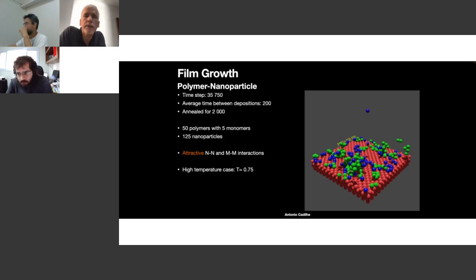Because I was thinking that if the nanoparticles collide with each other, they would tend to clusterize and form clusters of nanoparticles, but this doesn't happen, right?